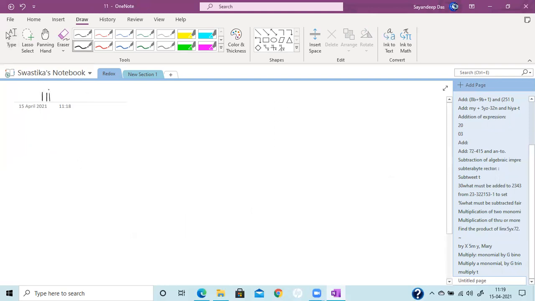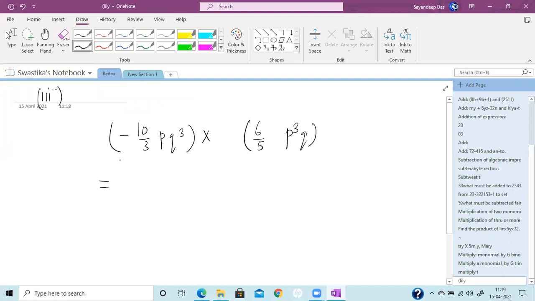So we'll take one more example, that is the third example. Multiply minus 10 by 3 p q cube into 6 by 5 p cube q. So here again you have these monomials, minus 10 by 3 p q cube and one more monomial 6 by 5 p cube q.